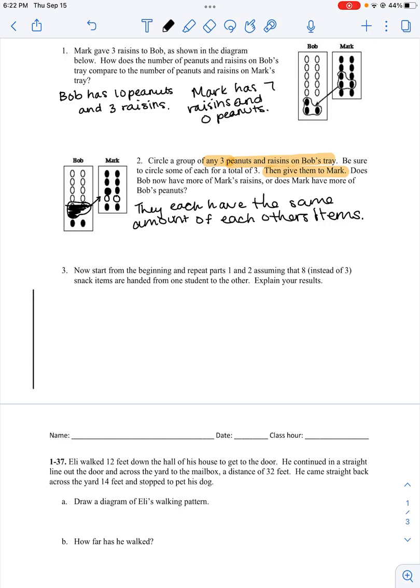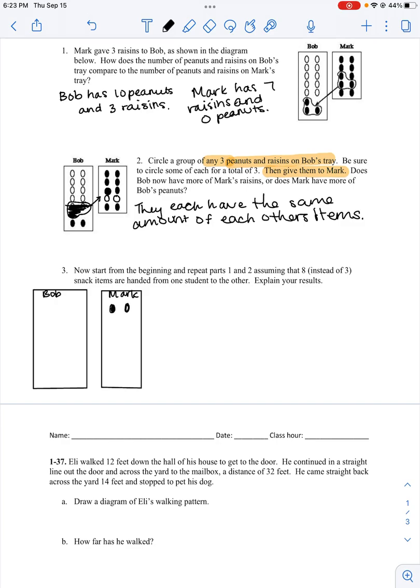So I'm going to draw Mark's and Bob's trays here. Bob, Mark. Now, they each have 10.